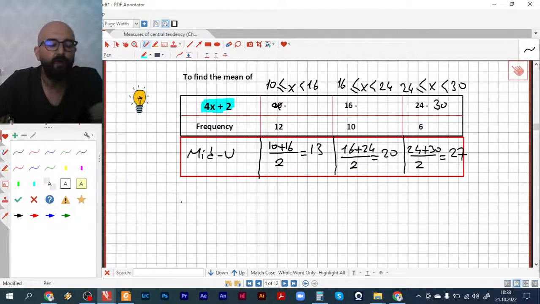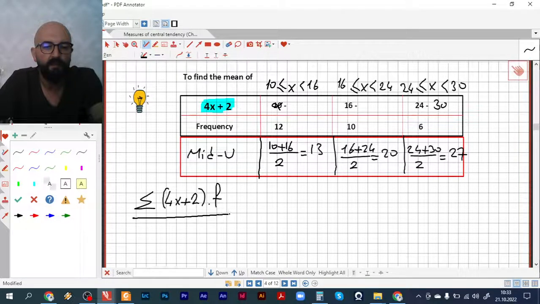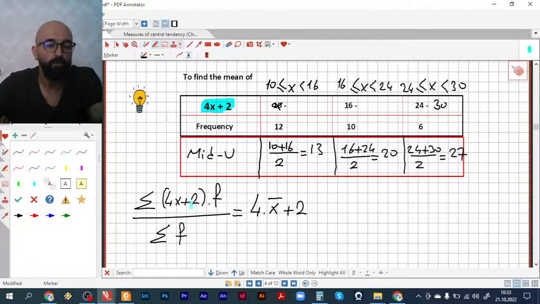If we want to find the mean, we use the sum of 4x plus 2 multiplied by frequency over the sum of frequency, but we find 4 times the mean plus 2, because we used 4 times x plus 2.